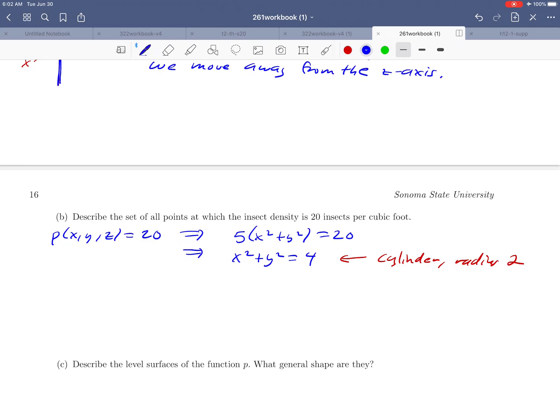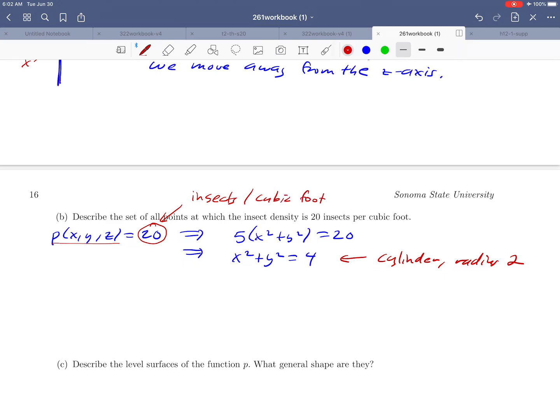So what is this really telling us? Well, remember the significance of the 20 that we have here. That was a number that we set equal to the function p. So 20 is an insect density, so insects per cubic foot.